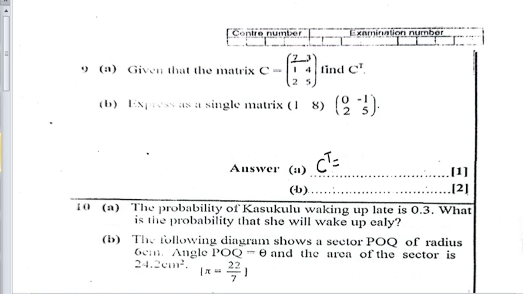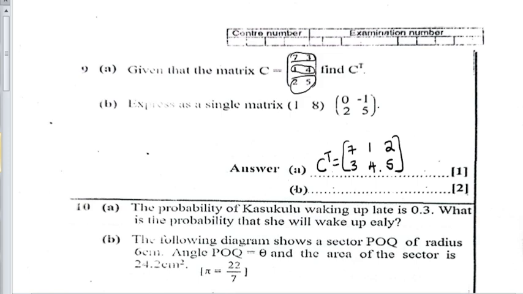This matrix has 3 rows and we're going to change them into columns. The first row will become a column, which is 7 and 3. The second row will also become a column, 1 and 4. The third row will also become a column, 2 and 5. As you are changing the rows into columns, the columns automatically are also changing into rows. So that is how you can go about that.